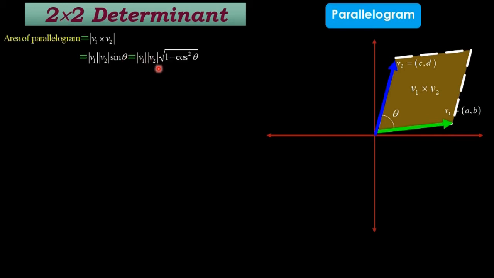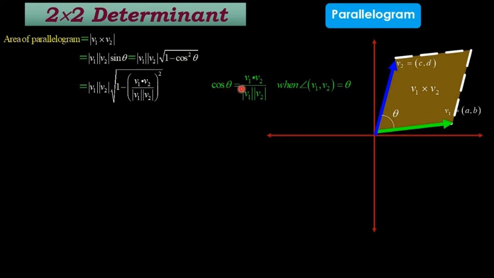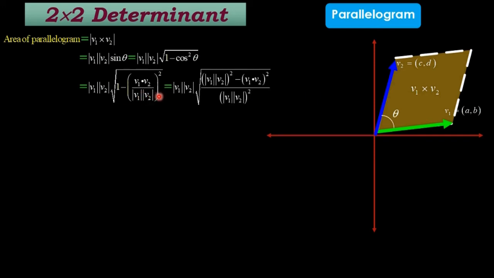Now sin theta is equal to square root of 1 minus cos square theta. So we have the result cos theta is equal to v1 dot v2 divided by norm of v1 into norm of v2. Substitute in this equation. Then just take the LCM. Then we have square root of (norm of v1 norm of v2) whole square minus (v1 dot v2) whole square, divided by (norm of v1 norm of v2) whole square.